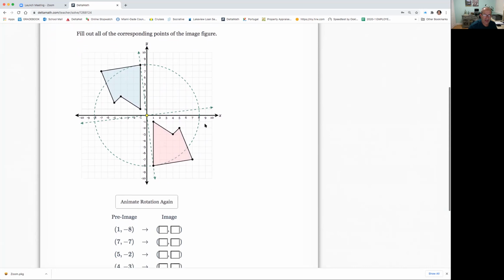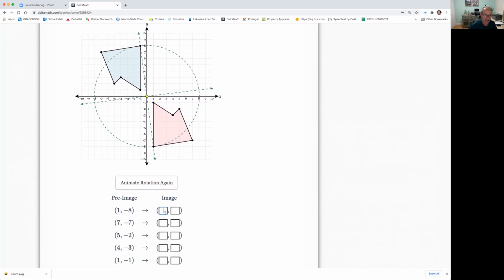So look at the coordinates. This one down here is 1, -8, and this one over here is -1, 8. So what happened there? They changed the sign of the coordinate. So this is -1 and this one is 8. So this one should be -7, changing only the sign on every number. So the 5 would become -5 and the -2 would become 2.